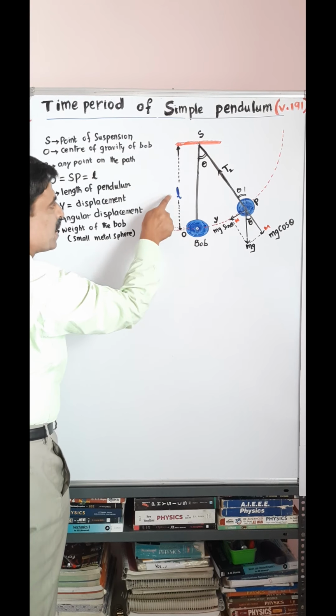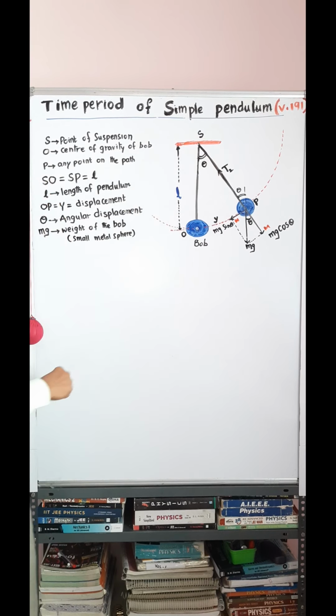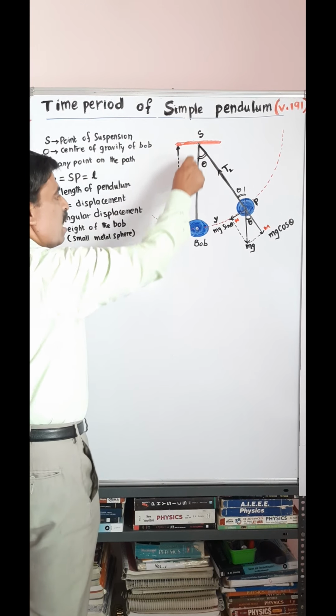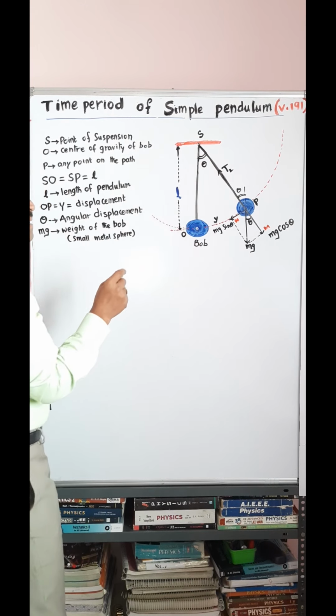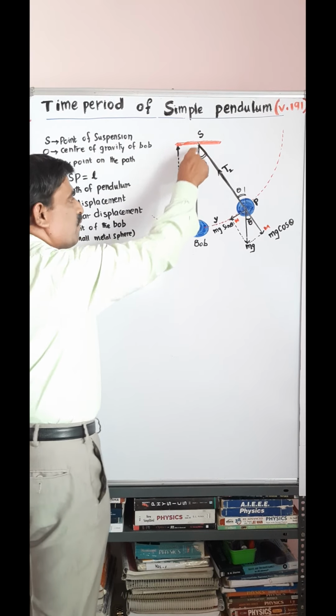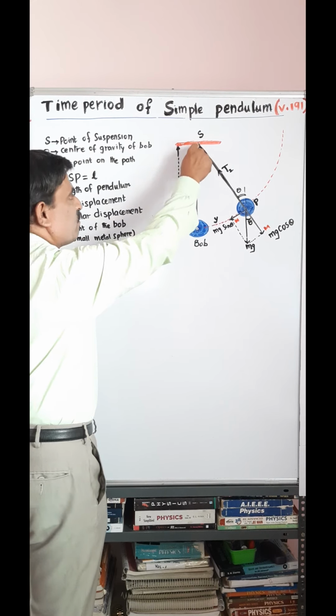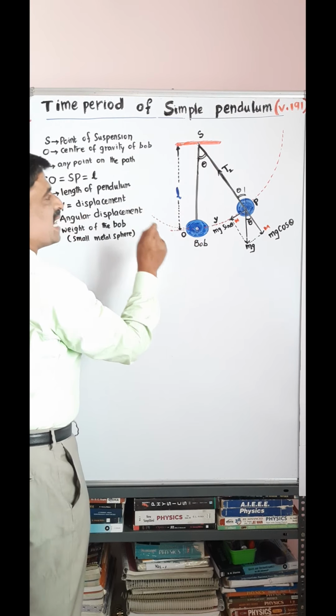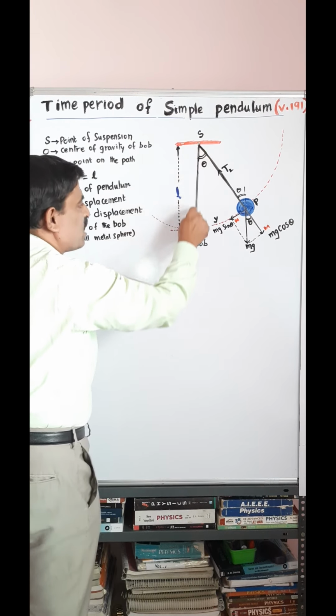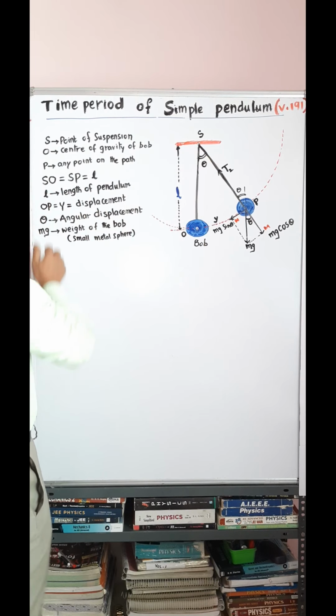It is represented by the letter L. The length of the pendulum may be 50 centimeters, 60 centimeters, 70 centimeters, or 1 meter.